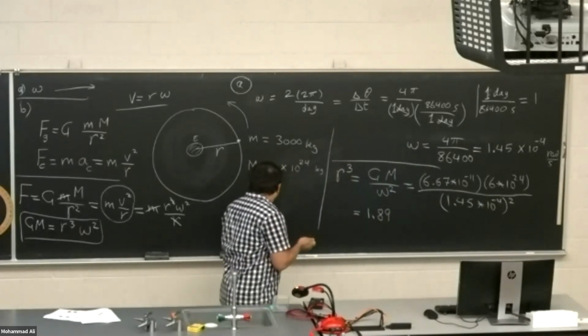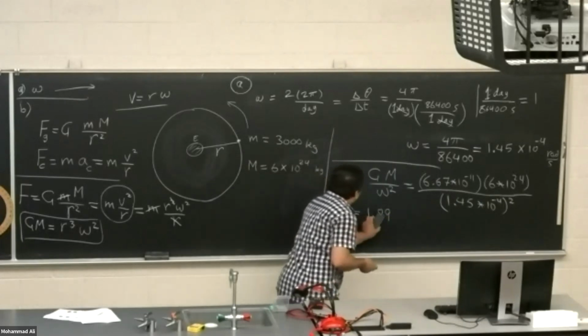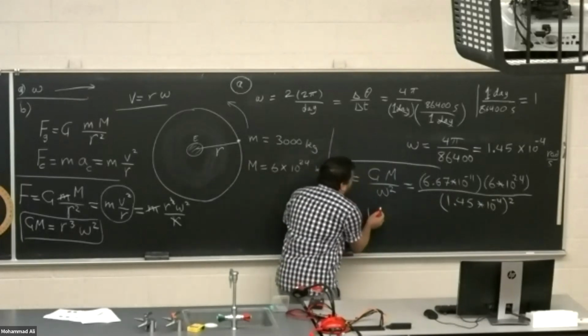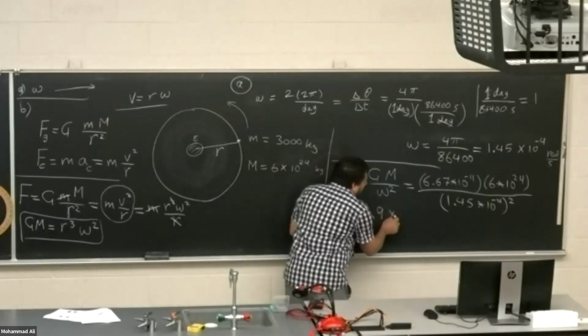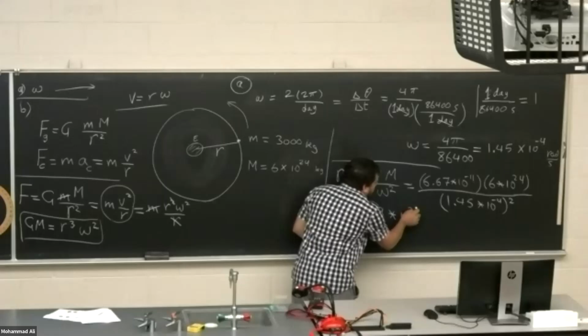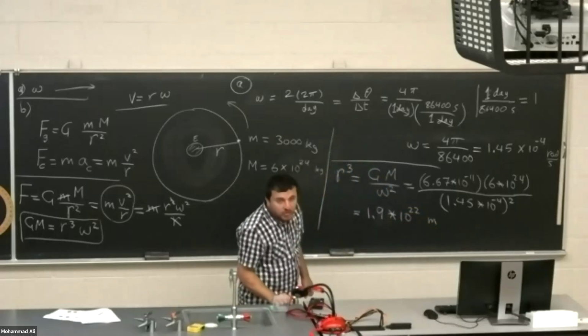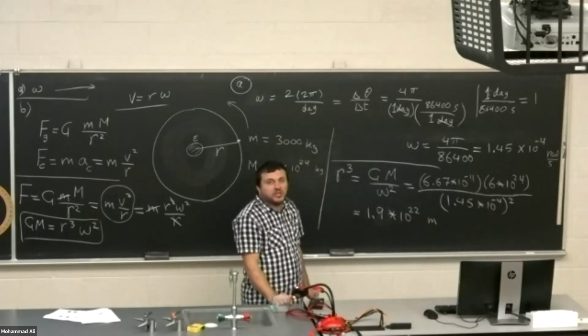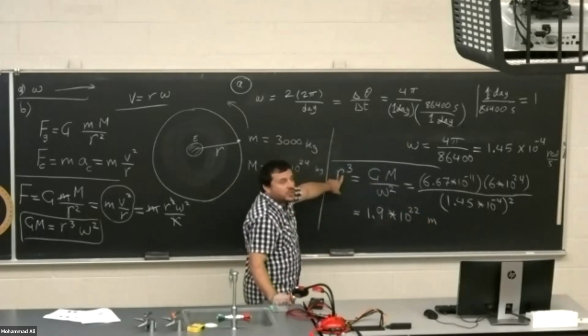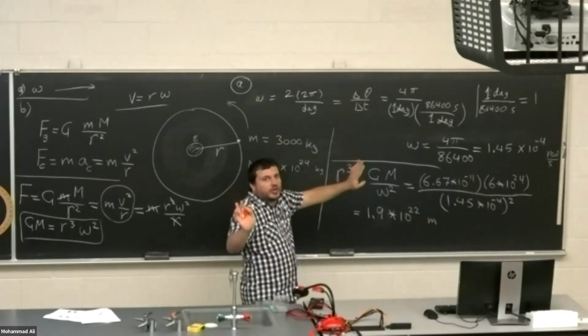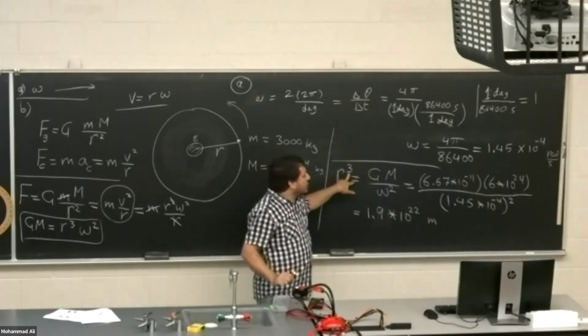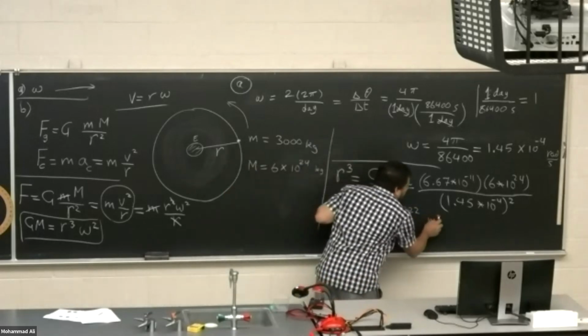Approximate it. 1.9 multiplied by 10 to 22 meter. It is radius, so the unit is what? Meter, right? But now this radius is cubed. It is not volume, okay? Meter cubed.